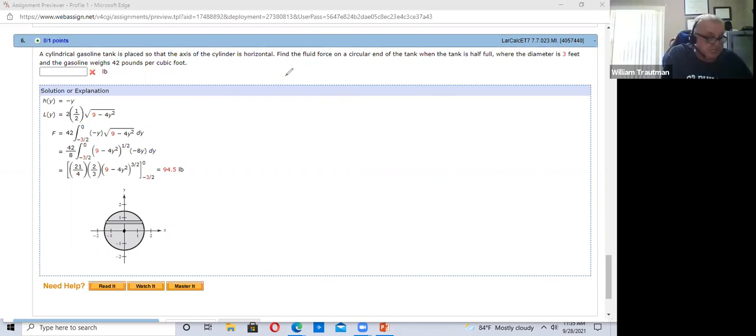So we want to at least write down our formula once again. Density times the height, and then the cross section, the X values. What do we say? L of Y. And we're taking the derivative with respect to Y. Here, the depth.